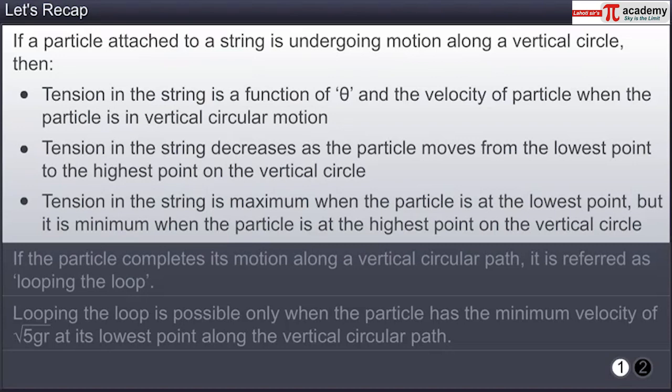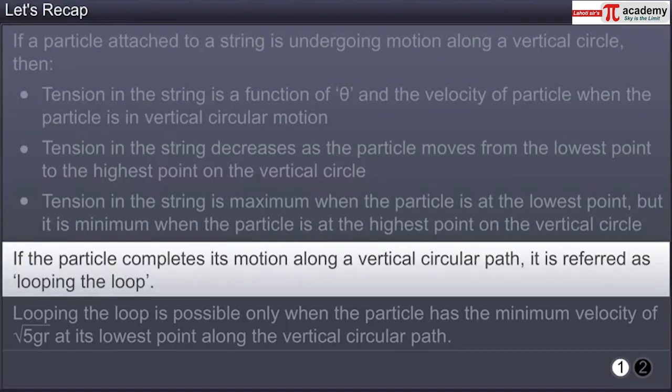Tension in the string decreases as the particle moves from the lowest point to the highest point on the vertical circle. Tension in the string is maximum when the particle is at the lowest point, but it is minimum when the particle is at the highest point on the vertical circle.